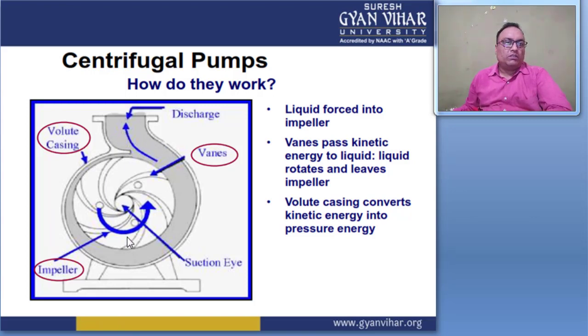The impeller is rotating at a very high rotational speed, and this is the suction eye. Through the suction eye, water is sucked from the inlet side, and this is the discharge or outlet port of the centrifugal pump.